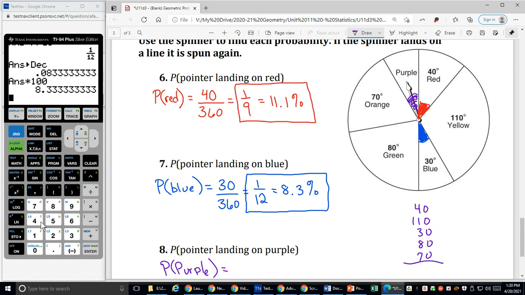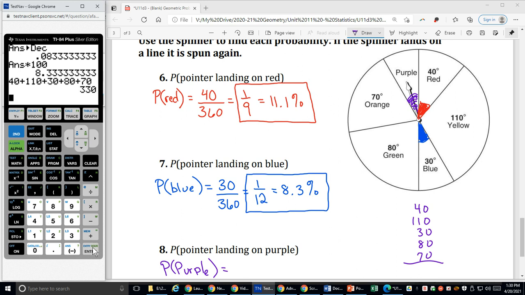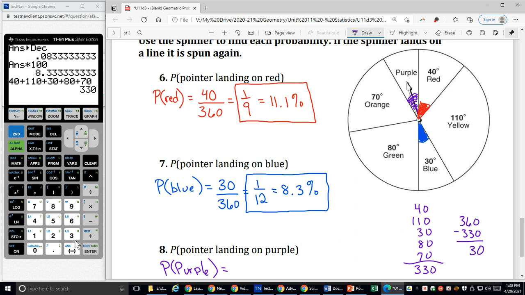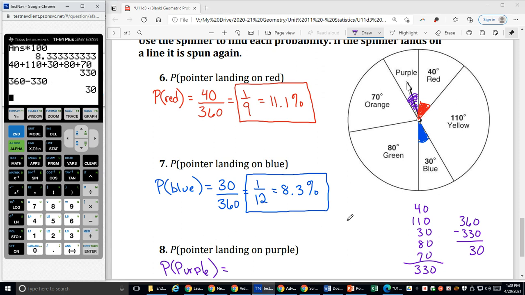So how much do we already have? 40 plus 110 plus 30 plus 80 plus 70. I've already used 330 degrees, which leaves me, out of my total 360 degrees, with 30 degrees. 360 minus 330 leaves me with 30 degrees.